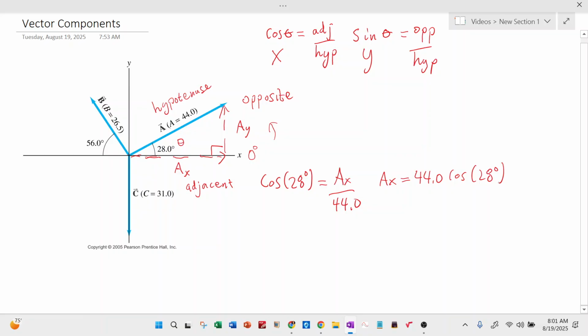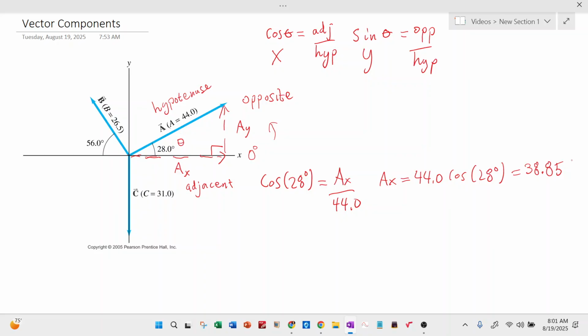I have a calculator, but first I have to make sure I'm in degrees, and I am. I get 38.849 something. So I'm just going to call that 38.85 units. It's usually okay to give an extra digit in the midst of your calculations. Later you might want to round off, but I'm going to leave that extra digit for now.